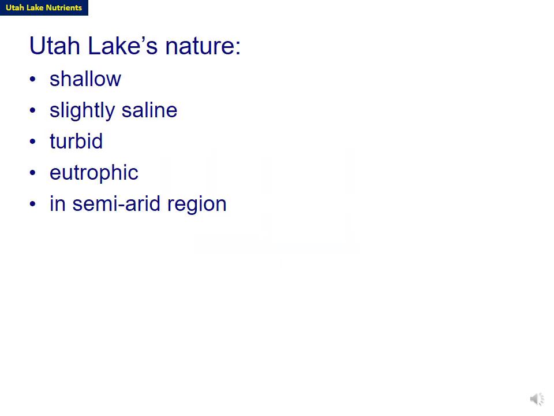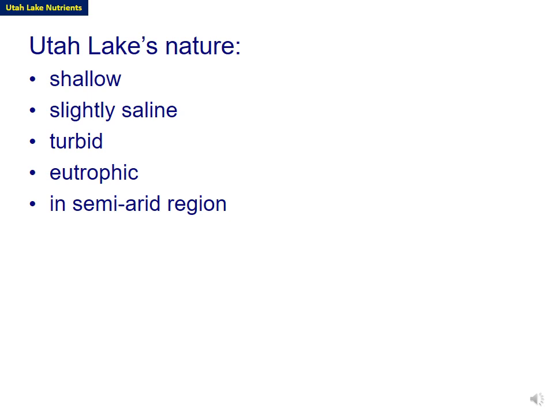So, for those of you who aren't familiar with Utah Lake, it's a lake about 30 miles south of Salt Lake City, and it's a slightly saline lake, but mostly considered freshwater. It's shallow. The average depth of the lake is about 9 feet. It's turbid, which means that it has suspended solids in it, minerals that get stirred up at the bottom from the wind, causing the waves to pull material up from the bottom.